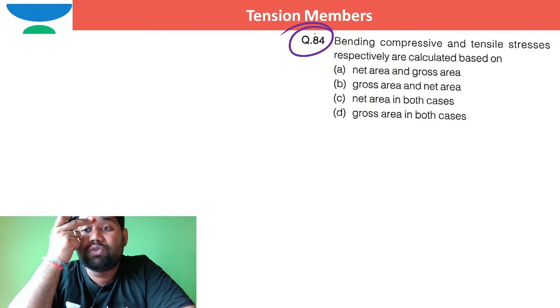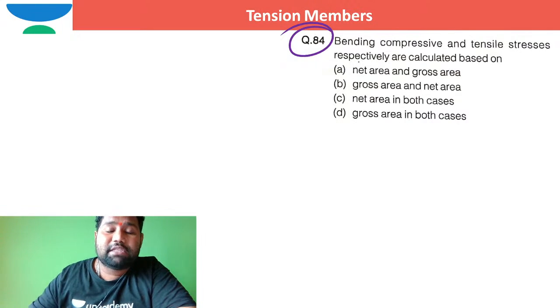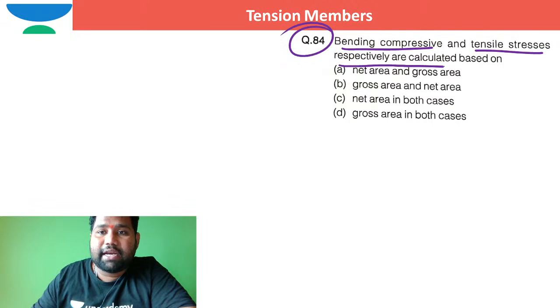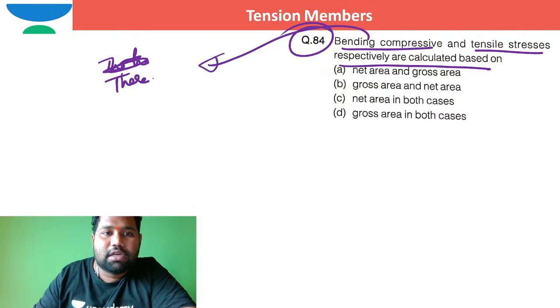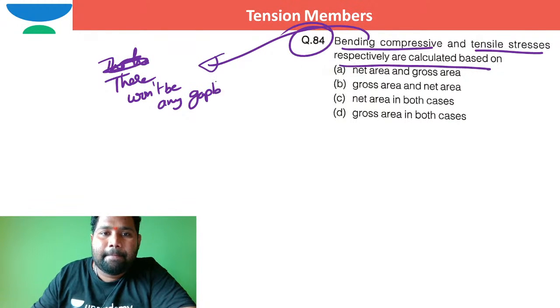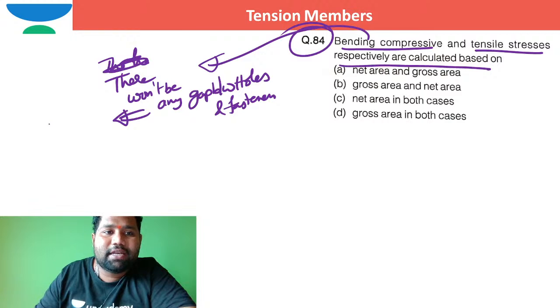Bending compressive and tensile stresses respectively are calculated based on gross cross-sectional area or net cross-sectional area. In the case of bending compressive stresses, there won't be any gap between holes and fasteners, so in such a case we need to consider the gross cross-sectional area.